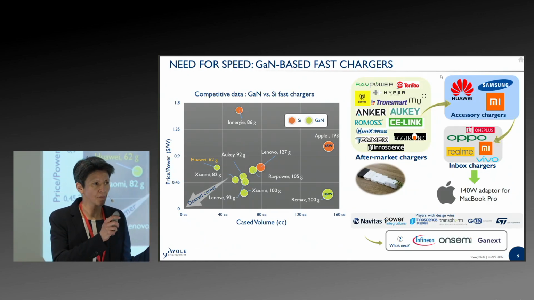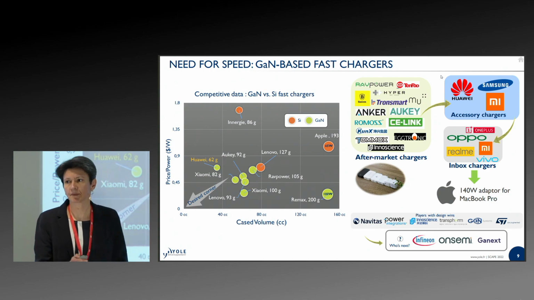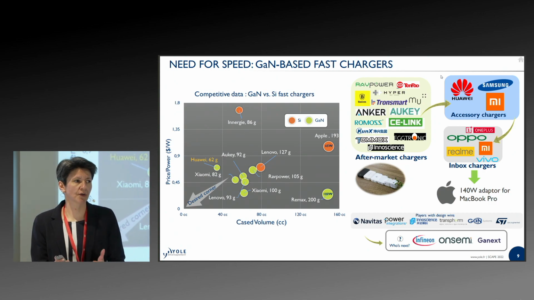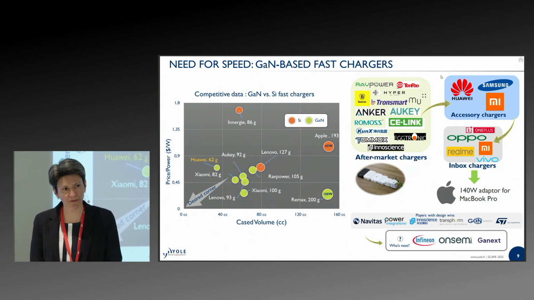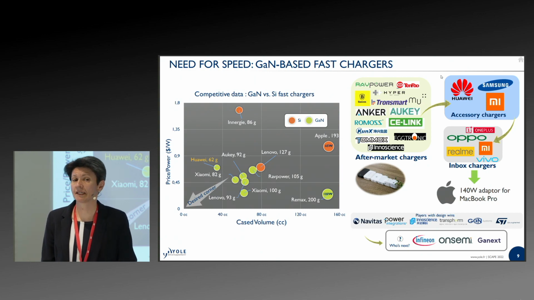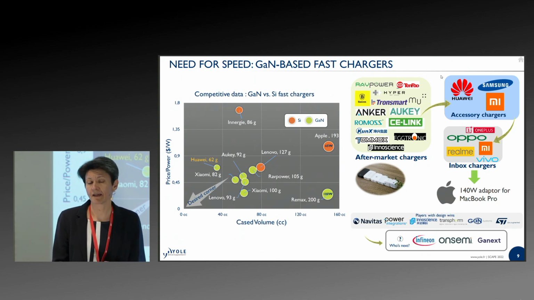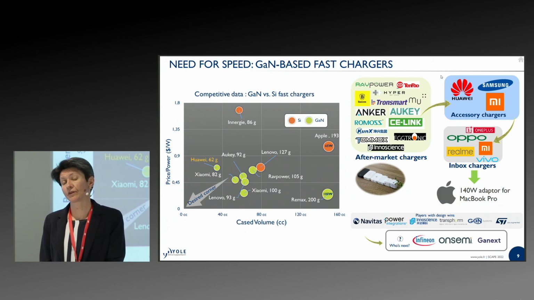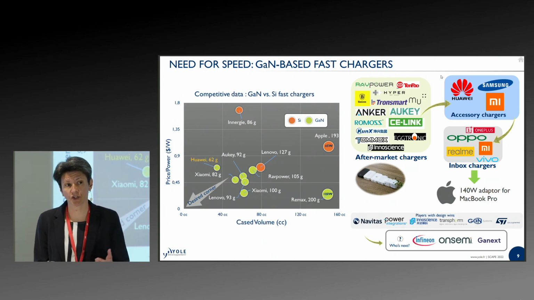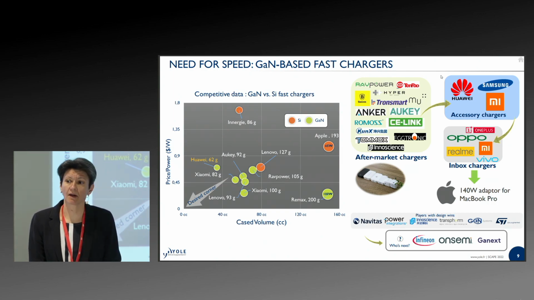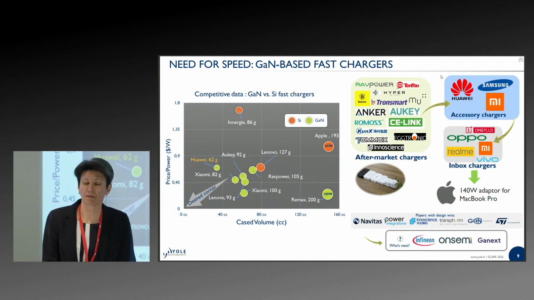Okay, so all this is very nice, but what is it for? When you have a very good technology, you're looking for the sweet spot. What is the application that will help you enter the market? And when it comes to GaN, fast chargers for consumer applications, for smartphones, have been one of the enabling applications to really get more volume and more massive implementation of the technology within power electronics.